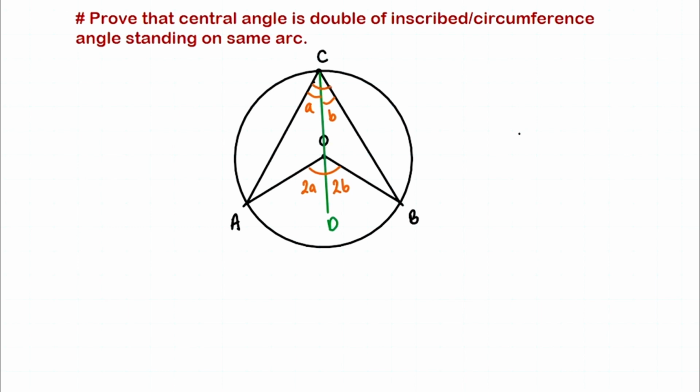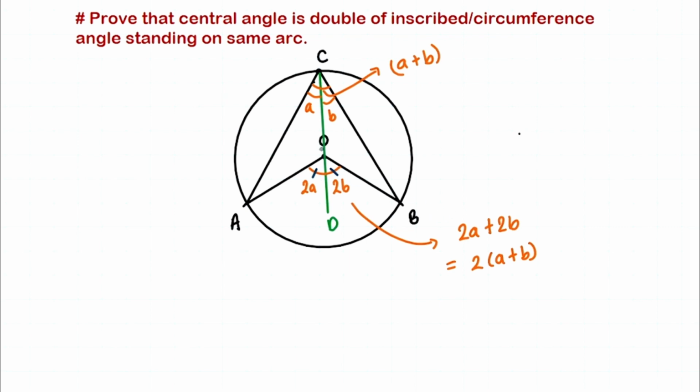So this entire angle would be A plus B, and then this entire angle would be 2A plus 2B, which is equal to 2(A plus B). If we can do this, then we will know that this central angle 2(A plus B) is double of this inscribed angle A plus B. Now, how can we make this angle and this angle 2A and 2B? If we can do that, our theorem is already proved.